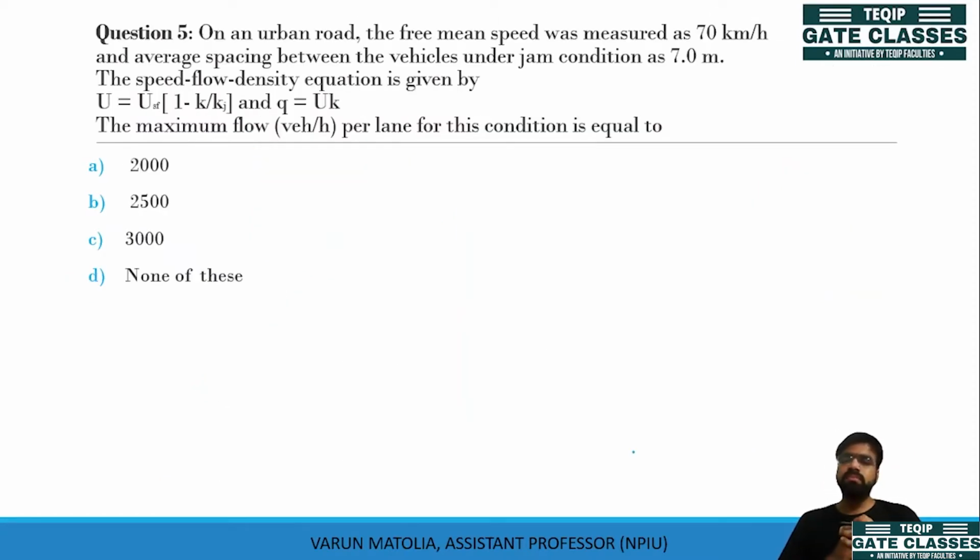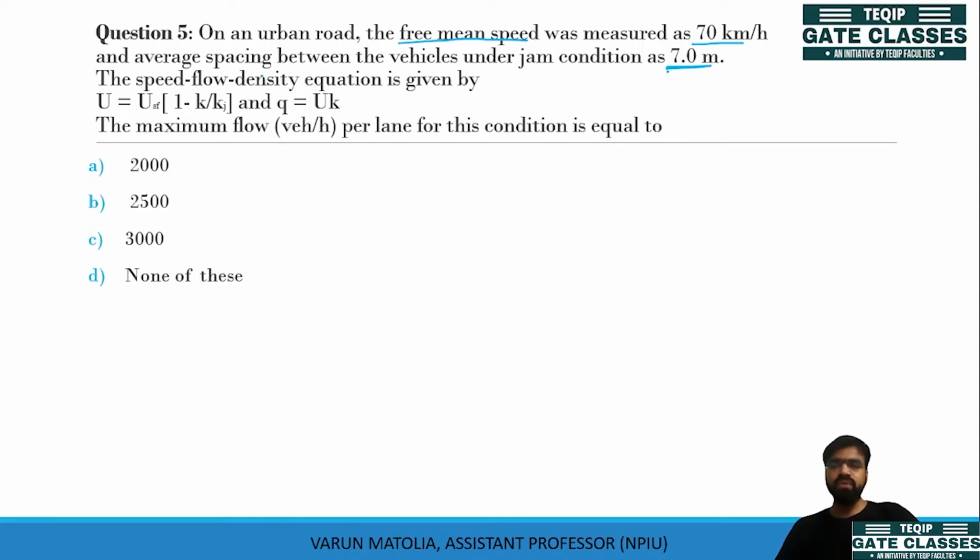This next problem also seems to be on the same flow, density, and velocity relationship. The problem says that on an urban road, the free mean speed was measured as 70 kilometers per hour. This is the free flow speed. The average spacing between vehicles under jam condition is 7.0 meters.